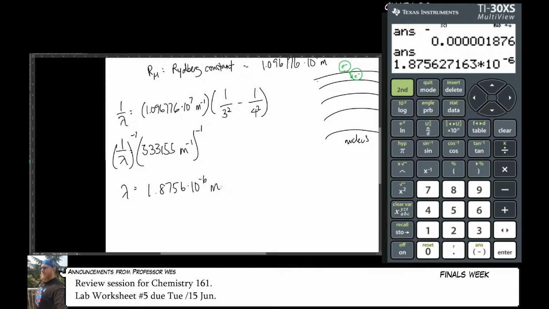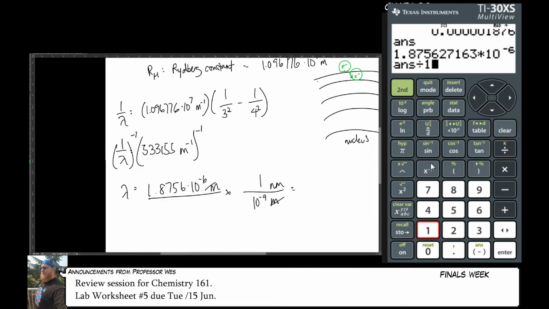So that's that many meters, which I could then convert to nanometers because in a nanometer there are 10 to the -9 meters. So I can do this. And there's your, oops, I know what I did.